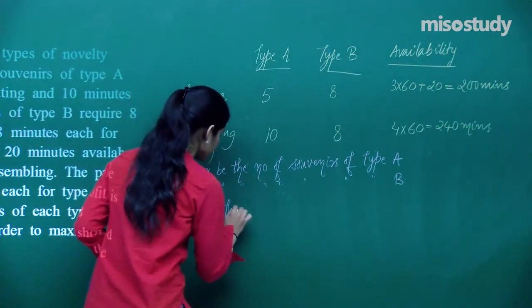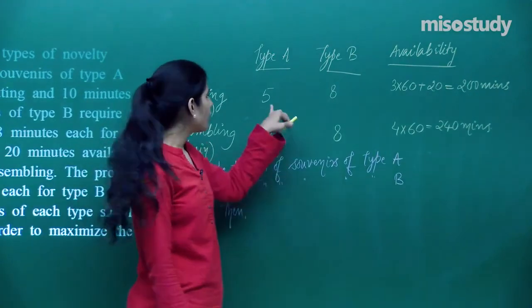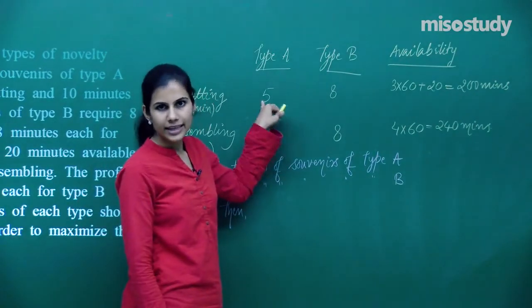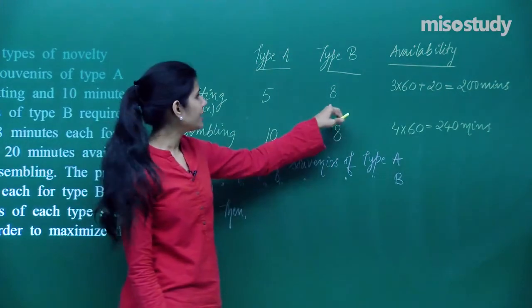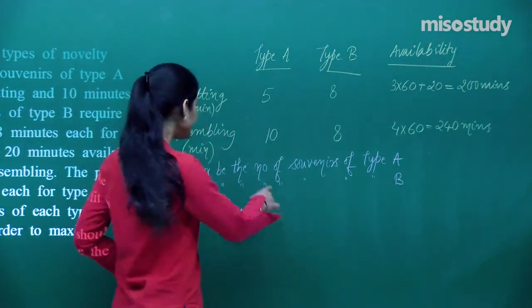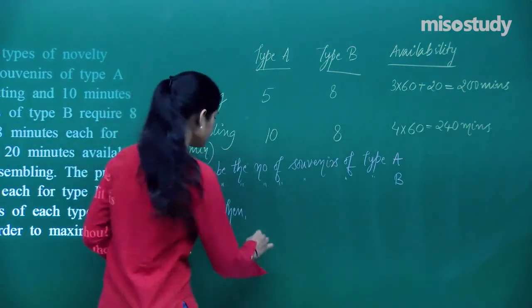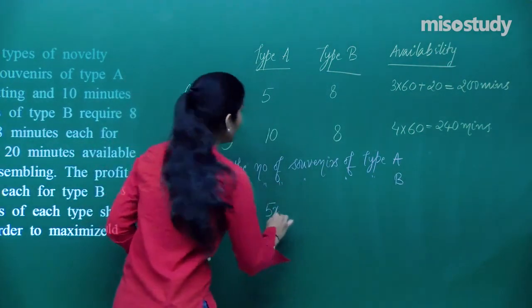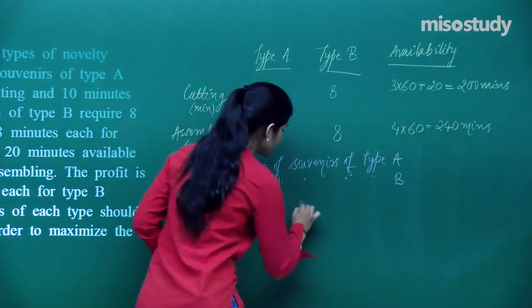Then if one souvenir of type A requires 5 minutes in cutting and one souvenir of type B requires 8 minutes in cutting, that means X souvenirs of type A will require 5x minutes in cutting and Y souvenirs of type B will require 8y minutes in cutting.